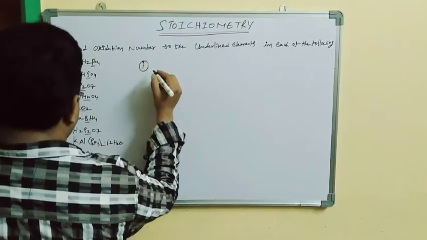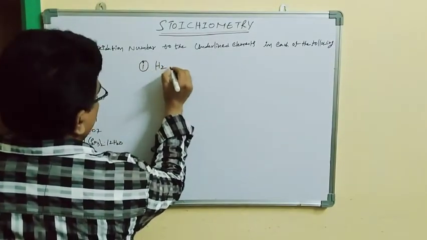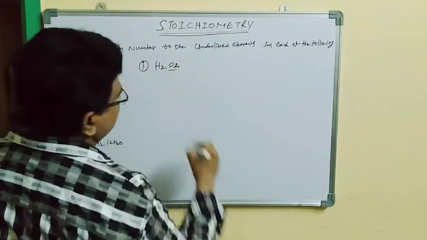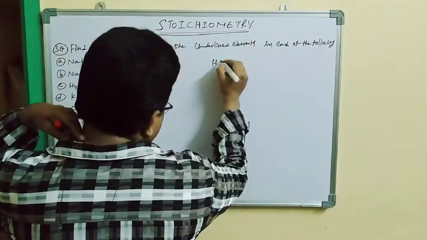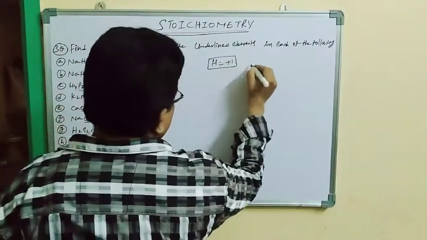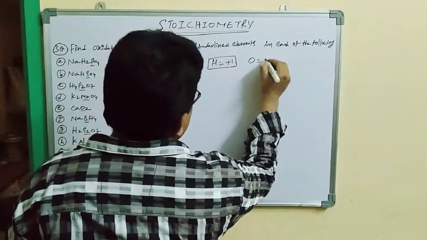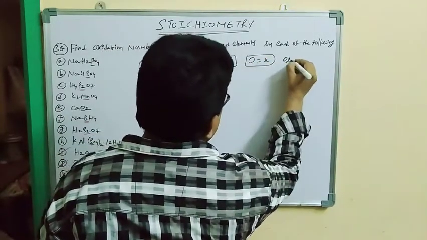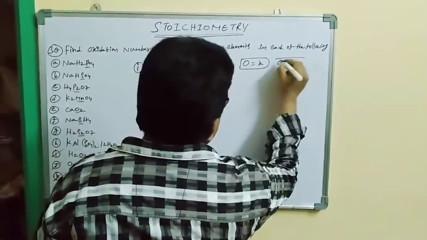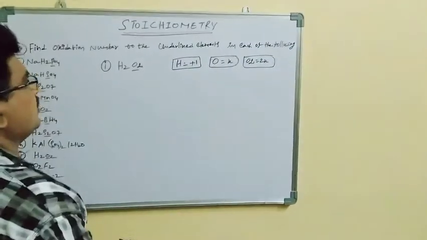H2O2. Finding oxidation state of oxygen. Here we know charge of hydrogen is plus 1. For 1 oxygen x, for 2 oxygens 2x. Substitute here in this equation.